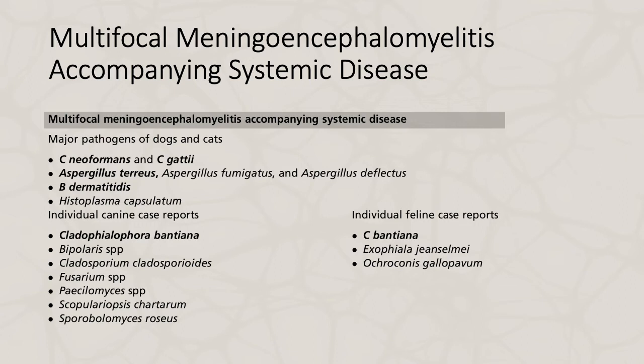One variation of blastomycosis is multifocal brain disease without sinonasal lesions and localizes to the forebrain. Histoplasma can cause diarrhea, multisystemic disease, and meningoencephalitis, including seizures, vestibular syndrome, and organisms in the CSF.